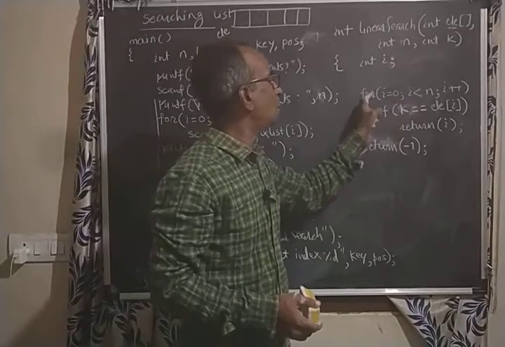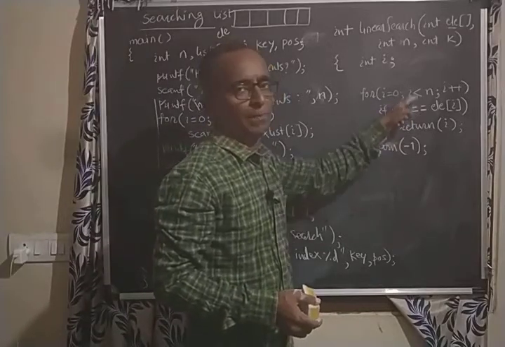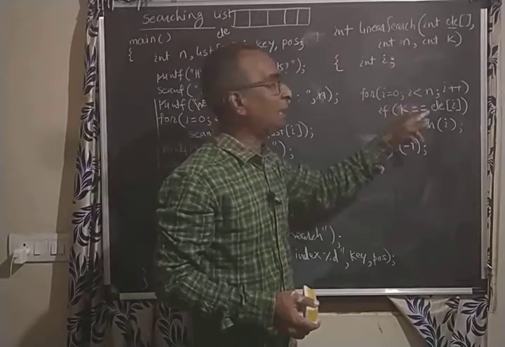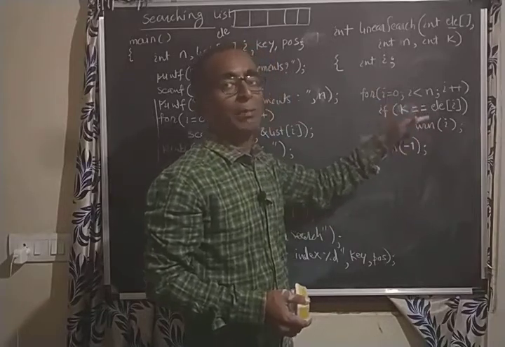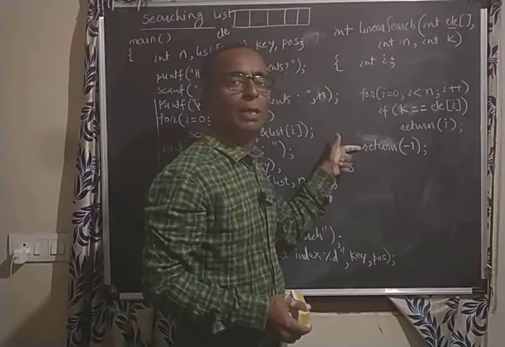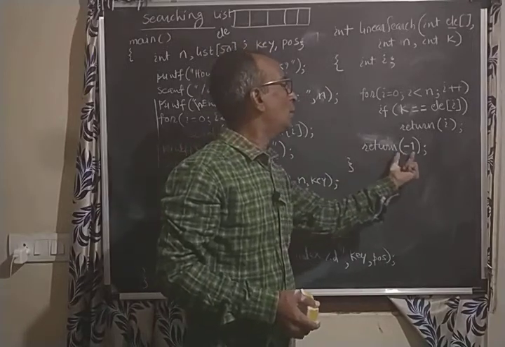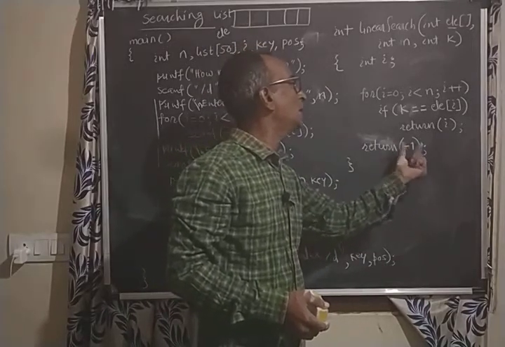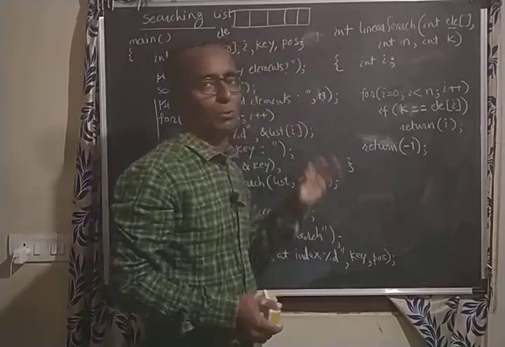If it is an unsuccessful search, this loop will be exhausted. All the elements are checked but none is equal, that element is not there, so we will come out of this loop and we will sit here. So it will be returning -1 when it comes out of this loop.